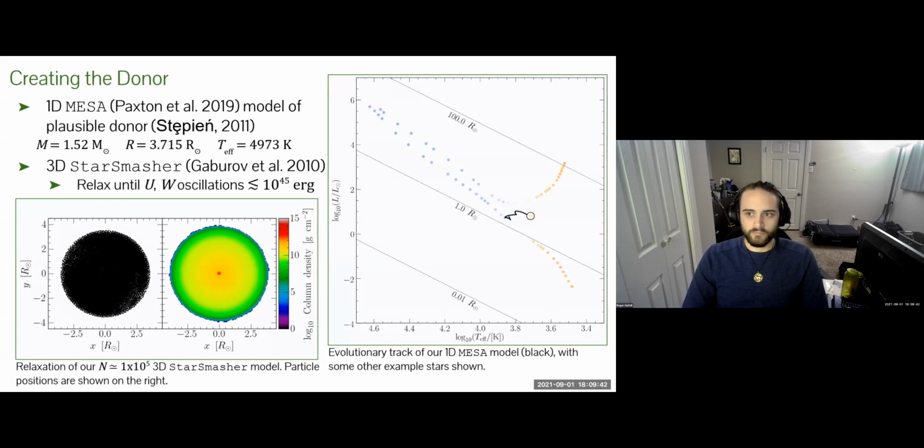We build the star using the MESA model, and we do it in 3D, and we place particles on a close-packed hexagonal lattice. We then let them interact dynamically until the total internal energy and gravitational potential energy of the envelope oscillates on a scale of less than about 10^45 ergs.